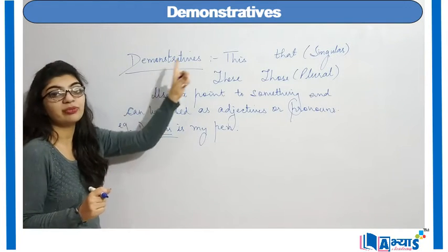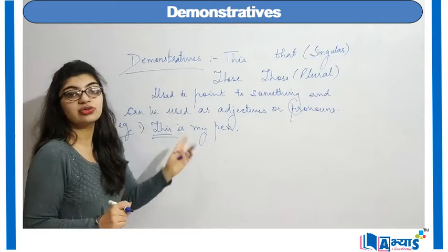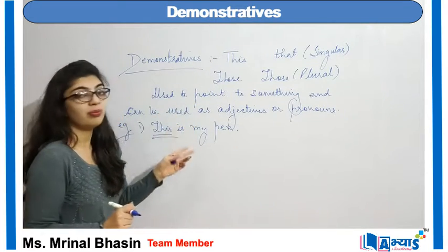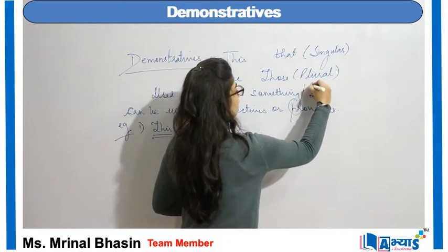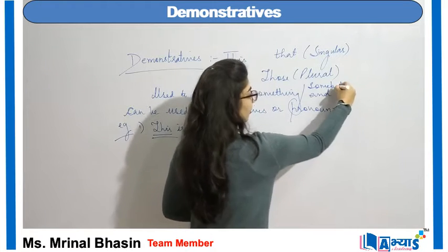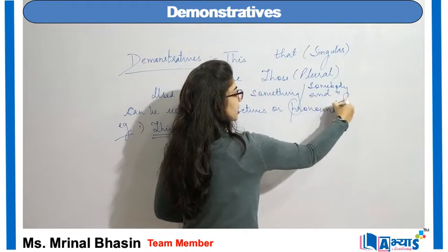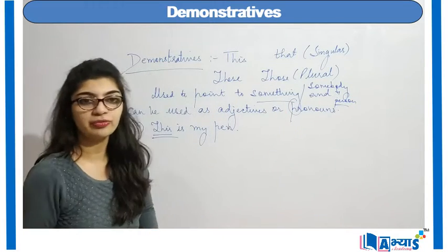Therefore, they are the demonstratives, right? Because demonstratives are used to point to something or somebody. Somebody can be a person, and something can be any kind of thing.